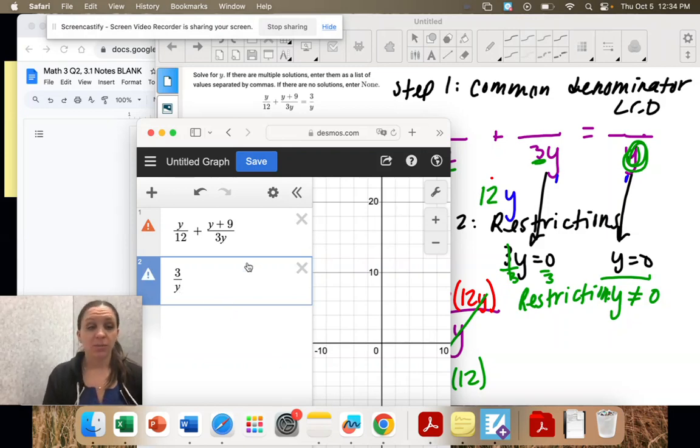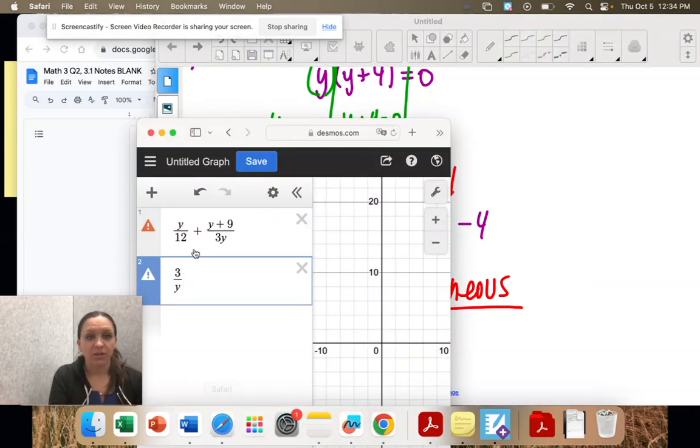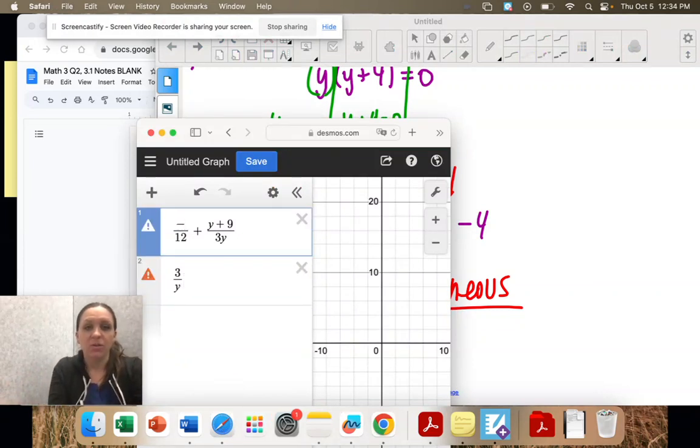So what I'm going to do is replace y with negative 4. I already know if I put 0 in, I'm going to get undefined because that's one of our restrictions. So I'm going to put y equals negative 4 on the left and the right. If they equal each other, it's a solution. If they don't, then it's an extraneous solution.